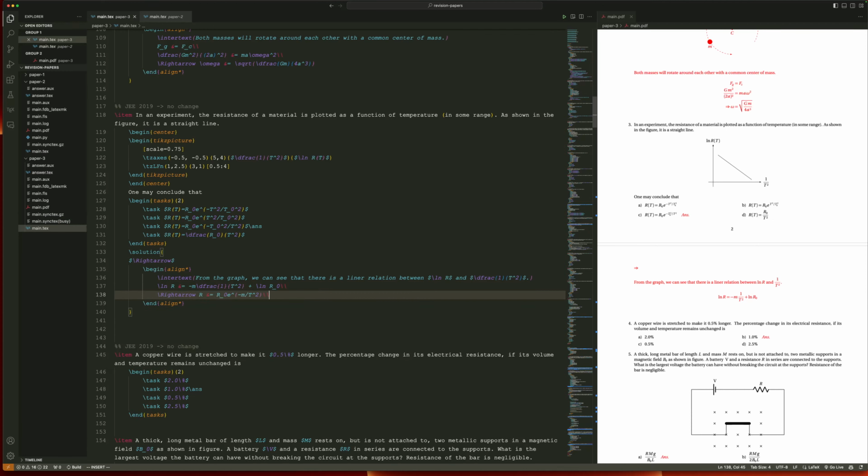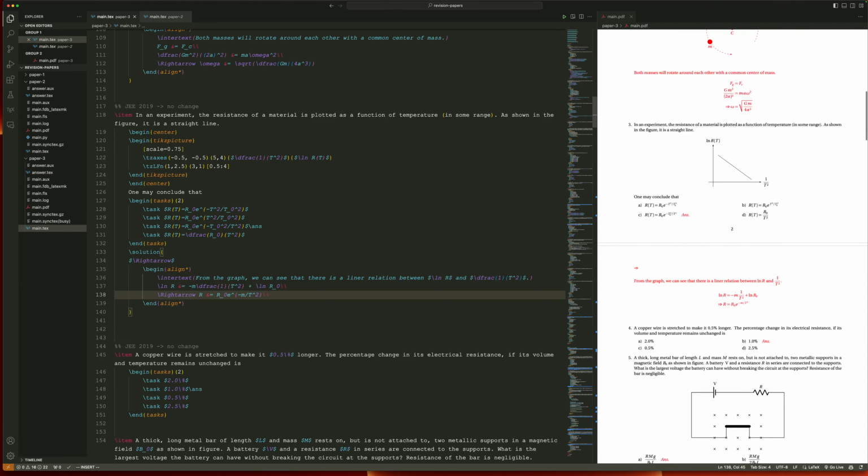Let's see. So R, and let's first modify a few more things. This is R as a function of temperature, so we can add a little thing, and then add as a function of temperature. This is right, and then I think we can subtract or something.